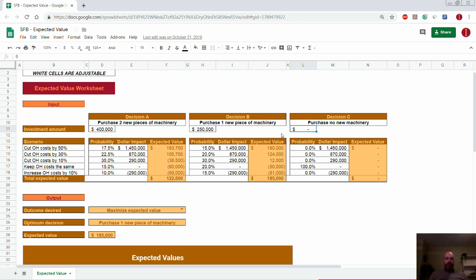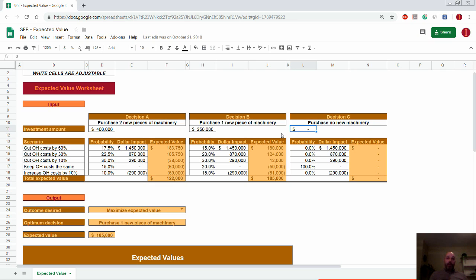I talked about this in a video I put up the other day on church capital budgeting, that you want to think about second and third order effects, this sort of thing. So in this case, what I'm getting at is that the investment amount for not purchasing machinery, well, obviously the first thing we say is that it's 0.